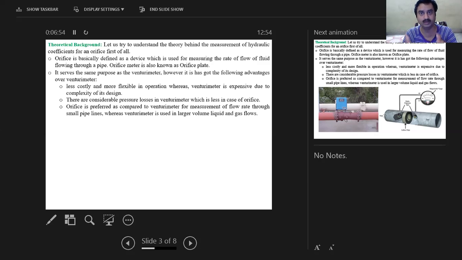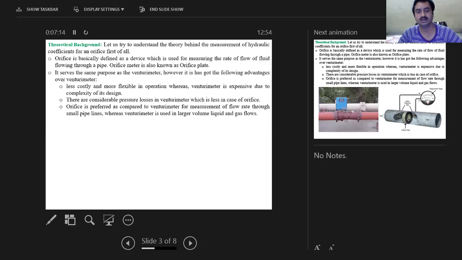Although both of them cause a pressure drop, and that drop in pressure is actually the parameter through which you can measure the flow rate through the pipe, the amount of losses incurred in a venturimeter is expected to be higher as compared to an orifice. That's the second point of distinction.